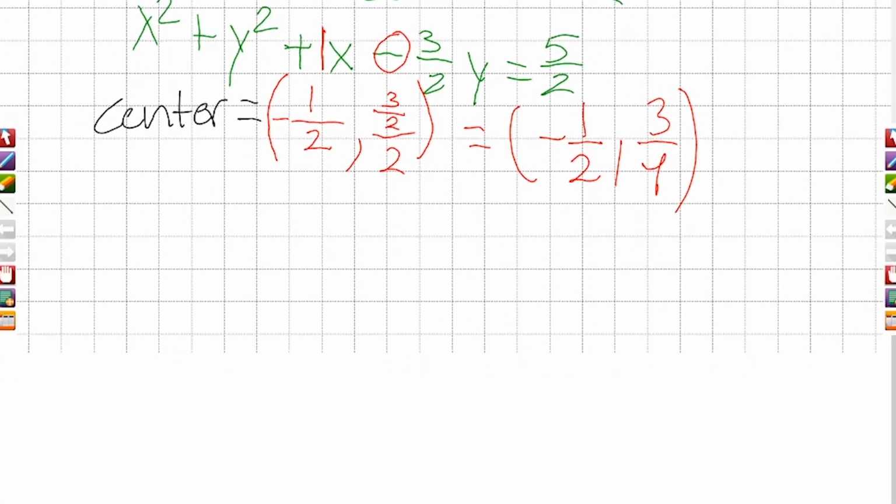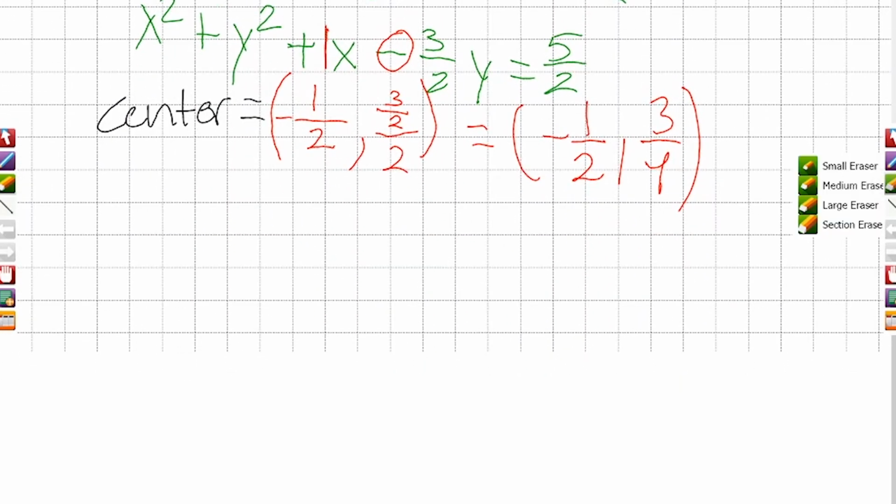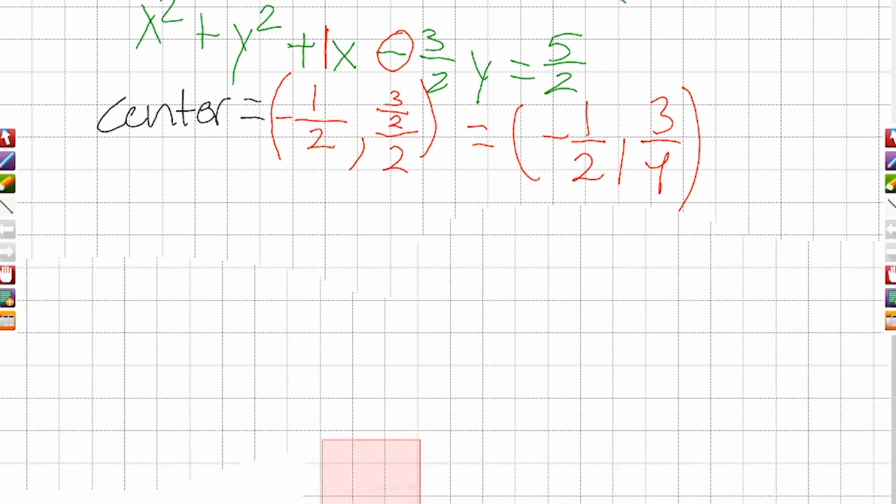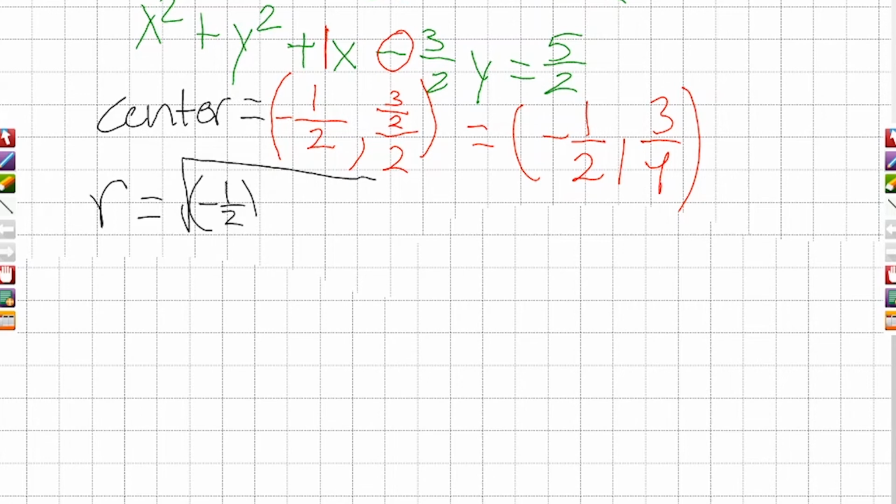For the radius, hold on one second. R equals the square root of, always a plus, 3 over 4 squared plus 1 squared plus 5 over 2.